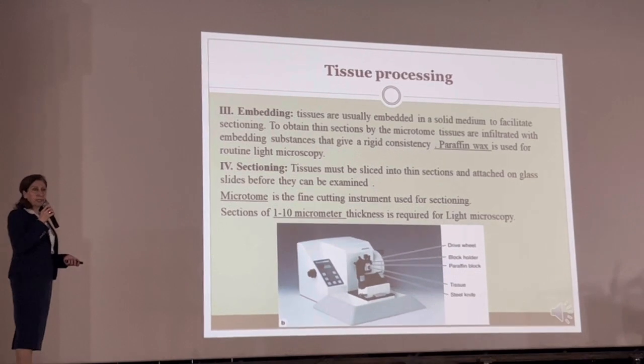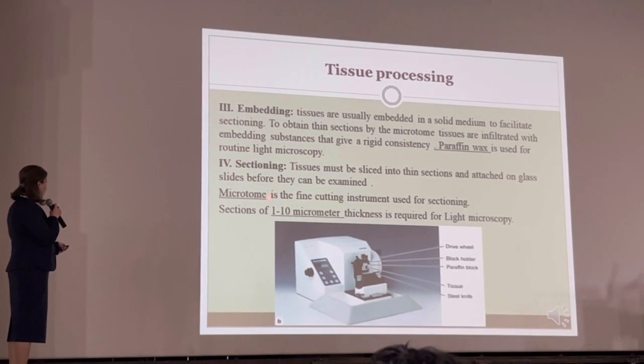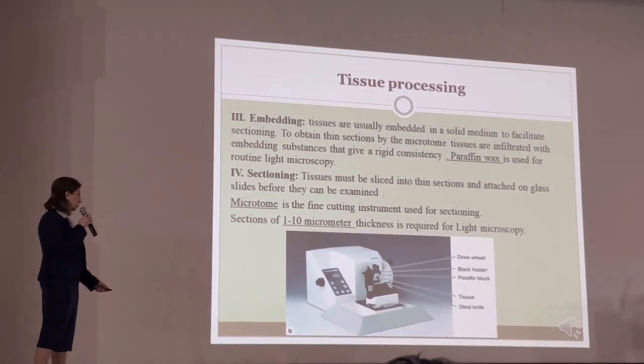For the sectioning to happen, we need a certain instrument. This instrument is called a microtome. This is a fine cutting instrument used for sectioning.